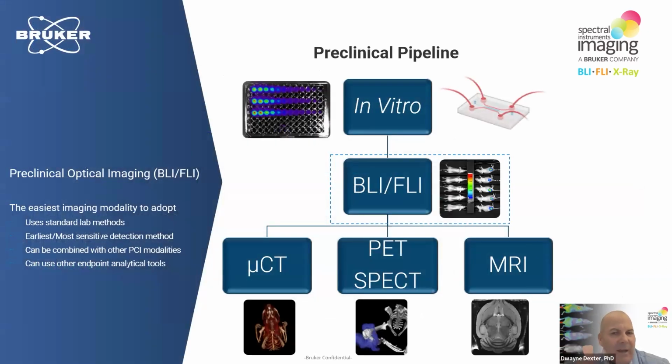So how does animal imaging fit into the broad spectrum of the drug discovery workflow? Obviously I'm highlighting preclinical imaging here. So you do your in vitro analysis, your organ on a chip analysis, and what would be the next step? The obvious logical next step that many researchers move to is using bioluminescence or fluorescence readouts. Why is that? Well, one, this is the most sensitive method that is used to detect biology.